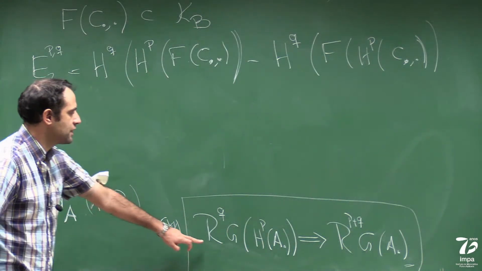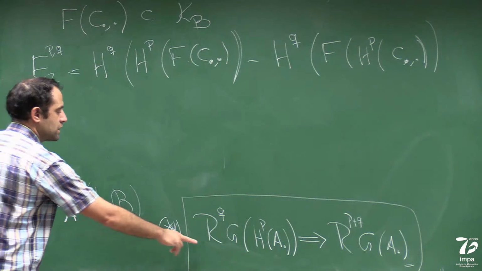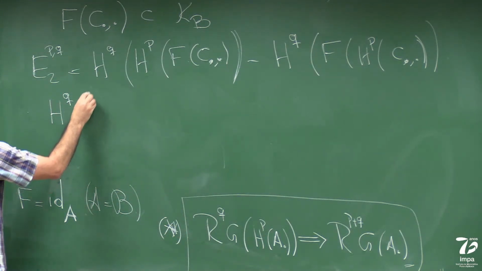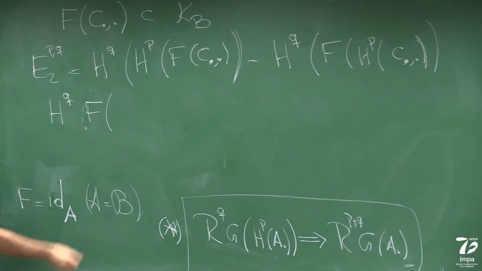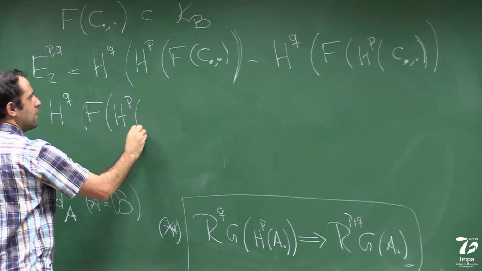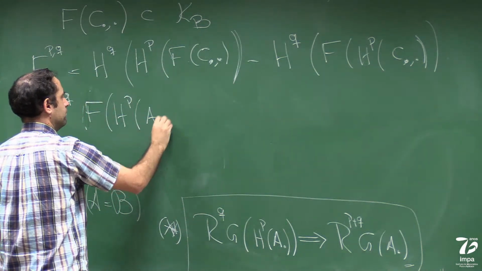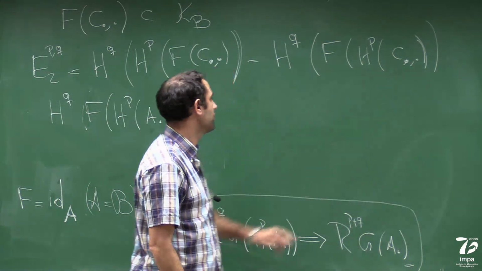Okay, so now let's read this with G equal to F. This side here says, let's look at HQ of G, which is equal to F, of F of HP of my complex. This guy is quasi-isomorphic to the total complex of that.